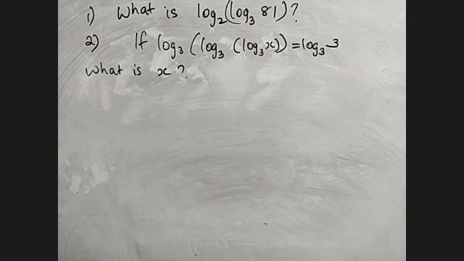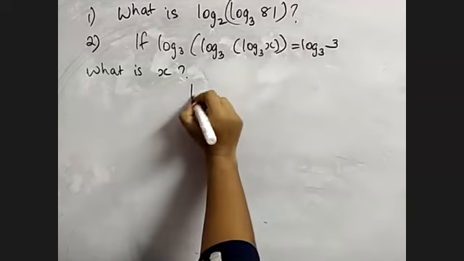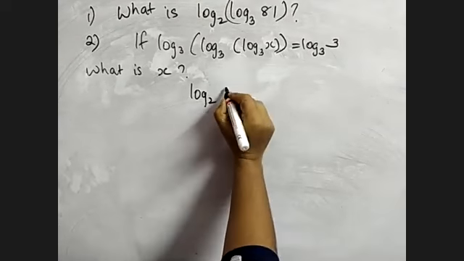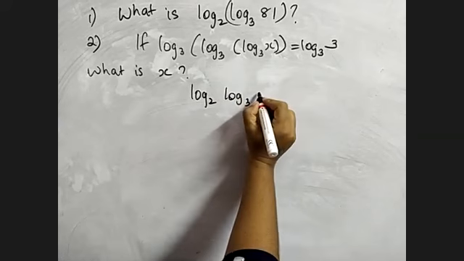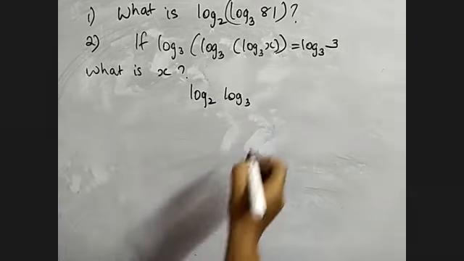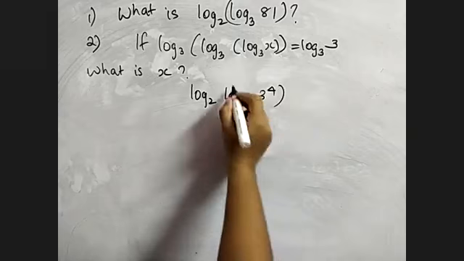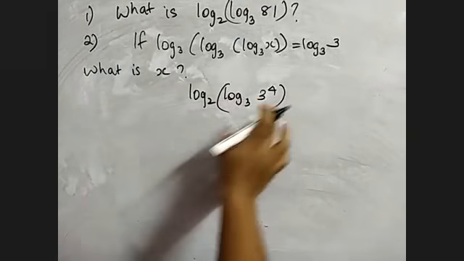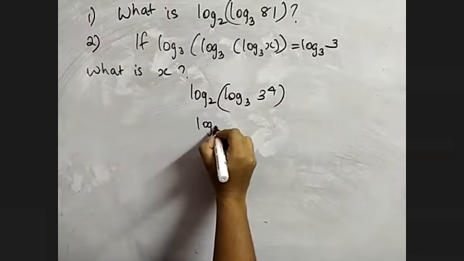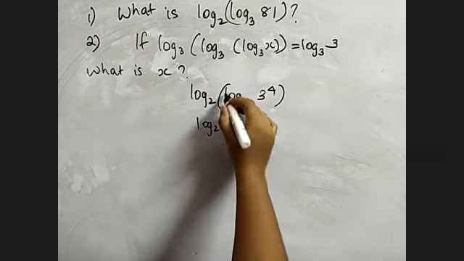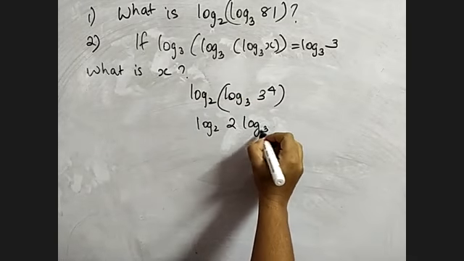First one got the answer. How can we solve that? Log to the base 2, log to the base 3, 81: 81 is 3 raised to 4, isn't it? So log to the base 2, here you will have 4 log to the base 3, 3.